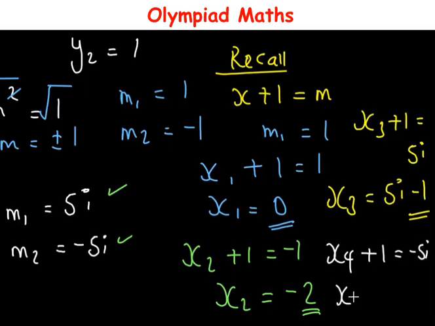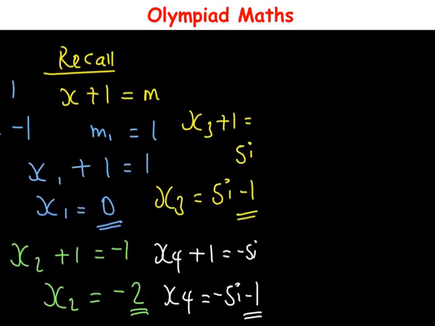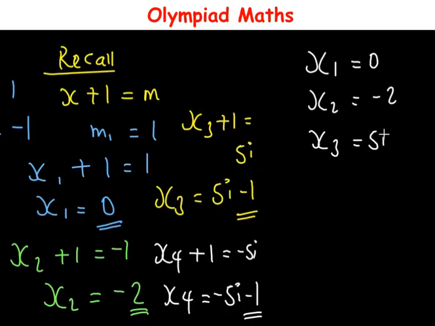From here, x4 is equal to minus 5i minus 1. With this, we have gotten the solutions for x. We have x1 equal to 0, x2 equal to minus 2, x3 equal to 5i minus 1, and then x4 equal to minus 5i minus 1. So with this, we have gotten the solutions for x for the given question.